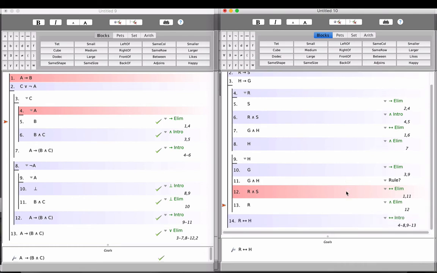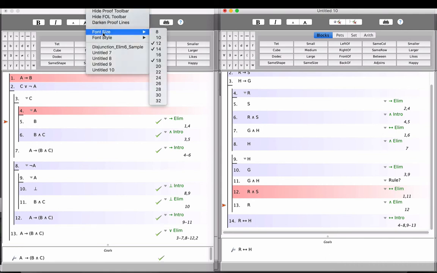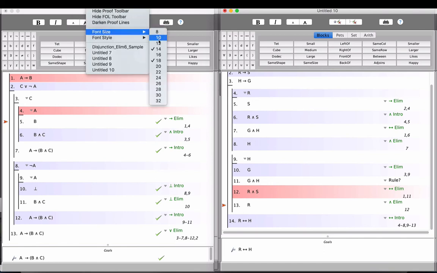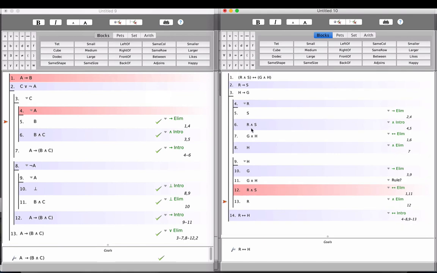And then we're done with the second half of our proof. Now let's make the font a little bit smaller. There we go. Now we can see everything all at once.